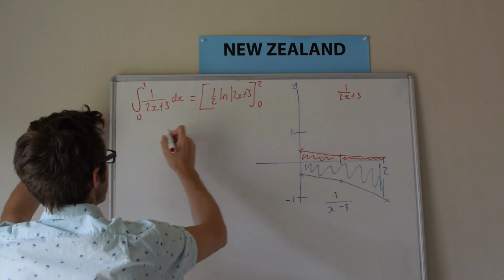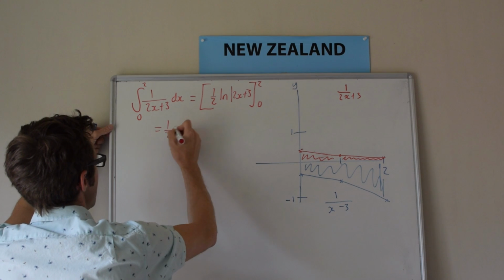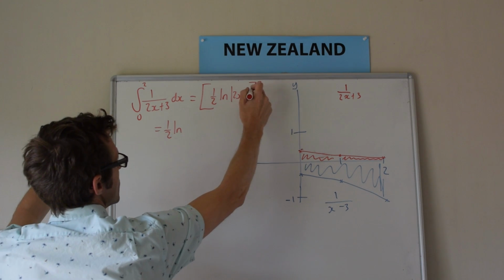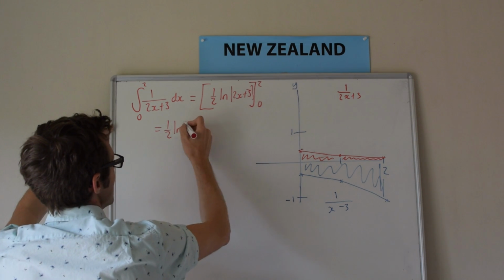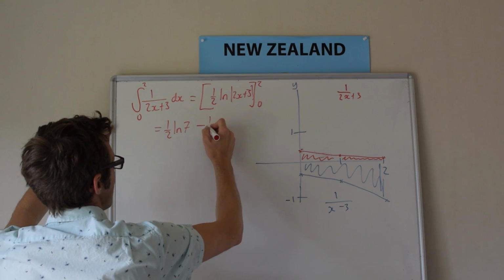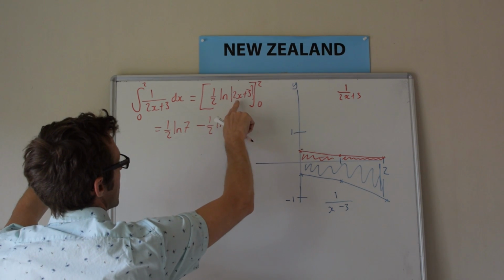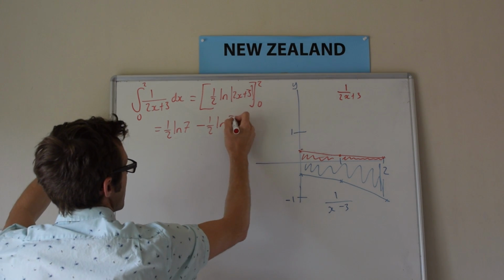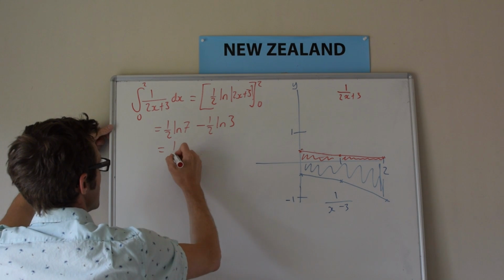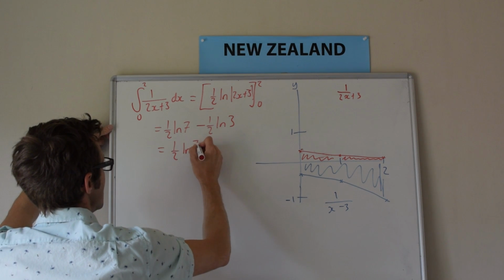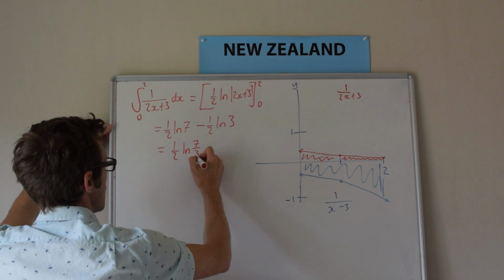Let's just chuck in our values here. This is going to be half ln of 2 times 2 is 4 plus 3 is 7, minus half ln of 2 times 0 is 0, so ln 3. Simplify that to half ln 7 over 3.